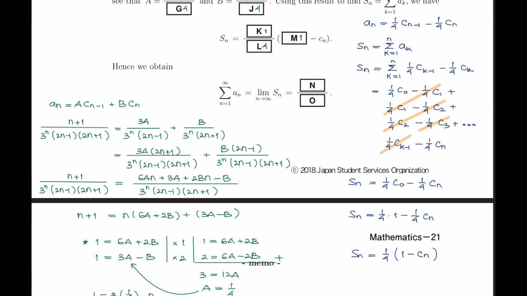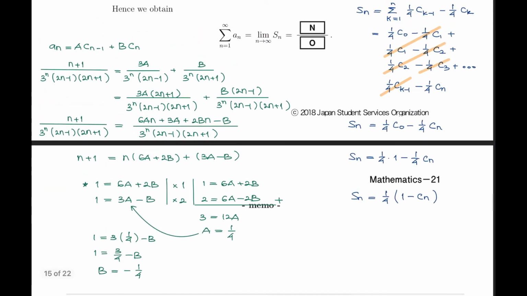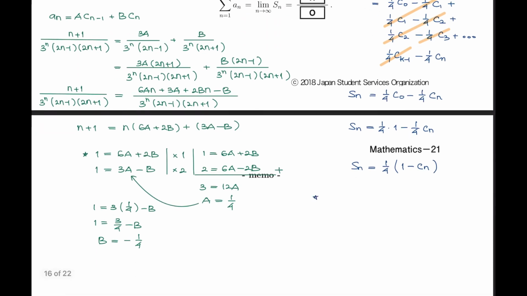And then finally, hence we obtain the sum to infinity, from 1 until infinity. This is the sum to infinity of An, which equals the limit as n approaches infinity of Sn. So we have to find the limit as n approaches infinity of Sn. What is Sn?